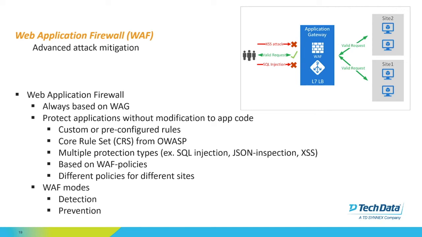As a web application firewall, it does allow multi-site policies. So you can protect many, I think it's up to 40 sites on the same instance, with the same ingress point.